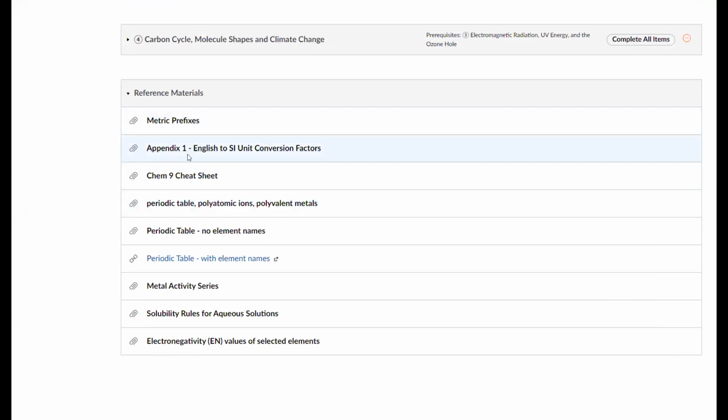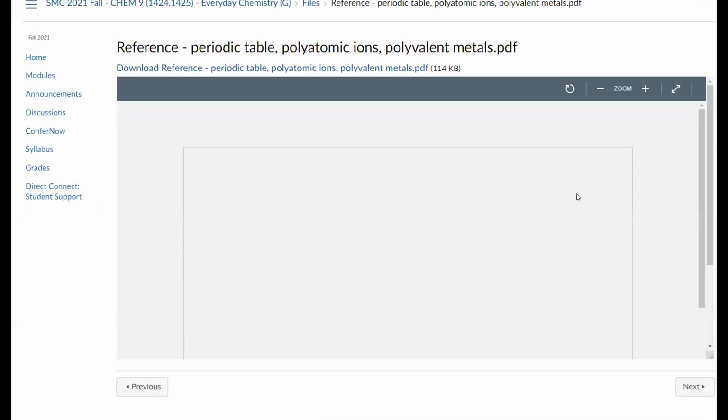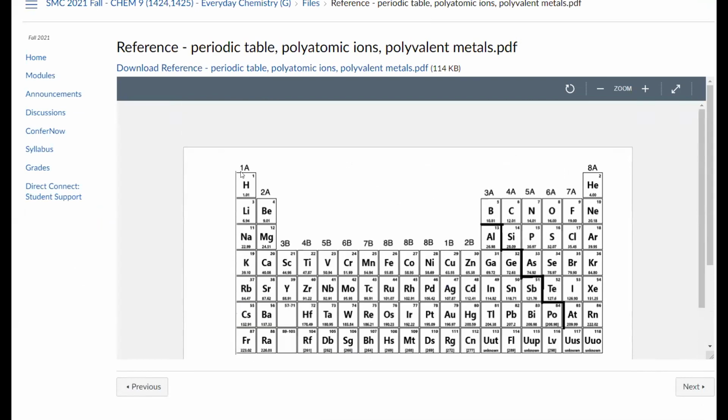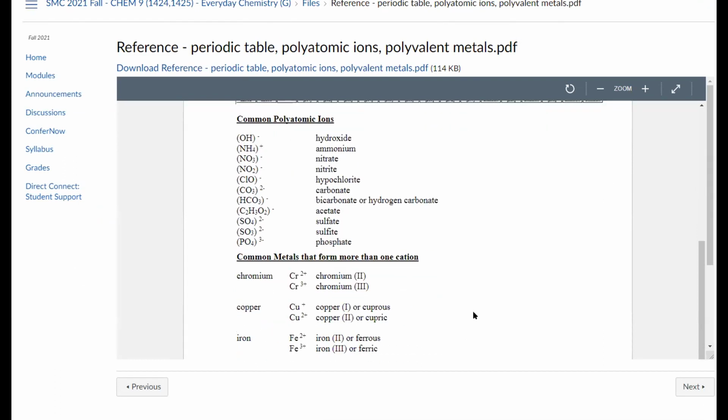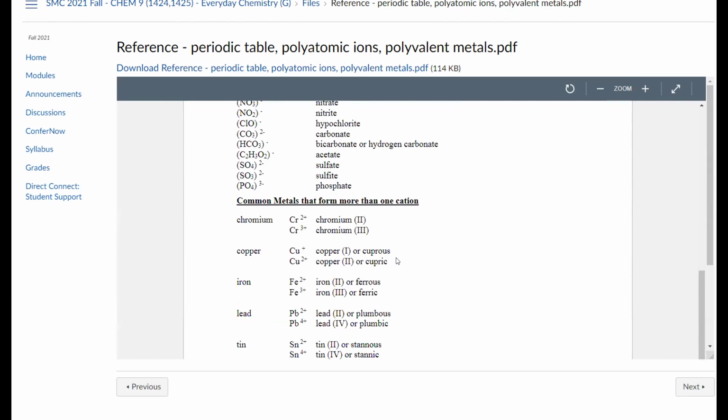So not metric prefixes, not appendix 1, not the Chem9 cheat sheet, but this one. This is a periodic table at the top with the family numbers. You also have the common polyatomic ions. You use those a lot in writing chemical names and chemical formulas. And then those are the 5 metals that can form more than one ion. And you need to represent which ion, say for copper, if it's 1 or 2, in the name.